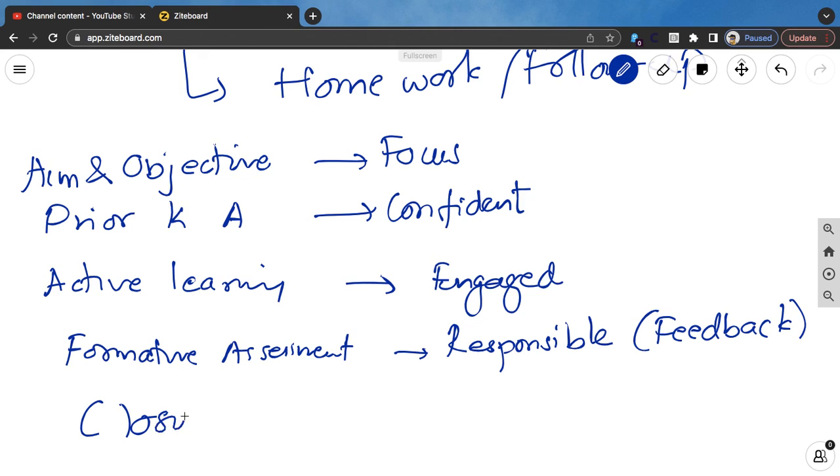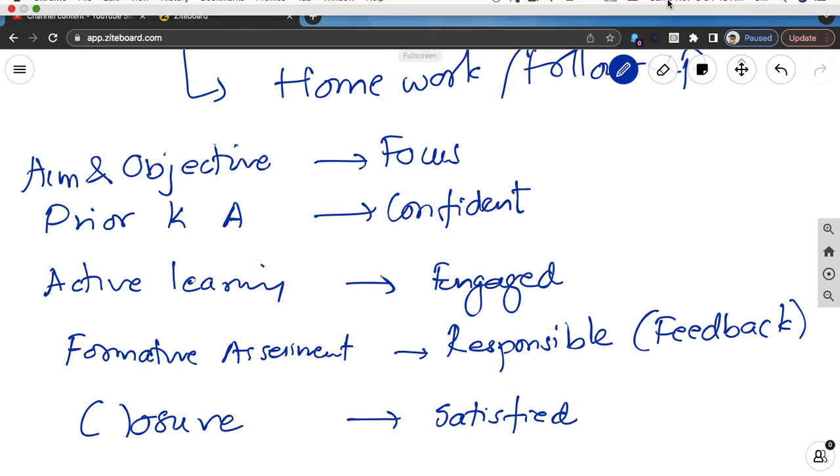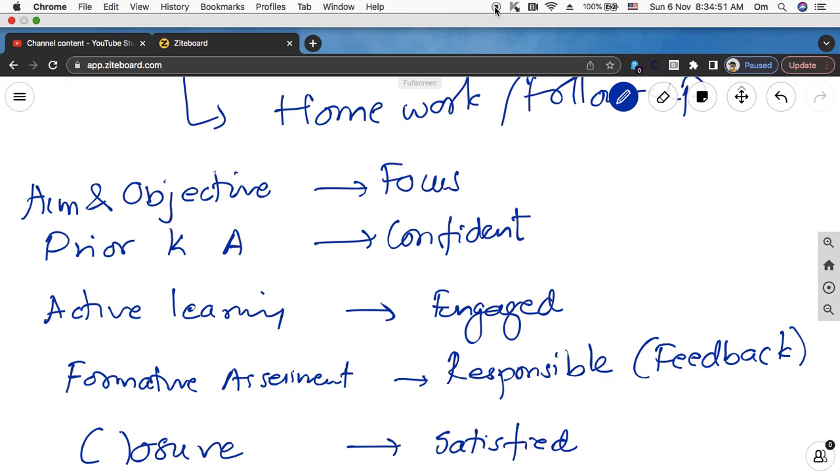And finally, clear closure, so that there is a proper consolidation and students are more satisfied about that whole learning. That oh yes, this is how we have finished, this is what we learned today, tomorrow we are, so there is some kind of an end to what you began. So this is how we want teachers to make sure that they are thinking about their classes and planning for that.